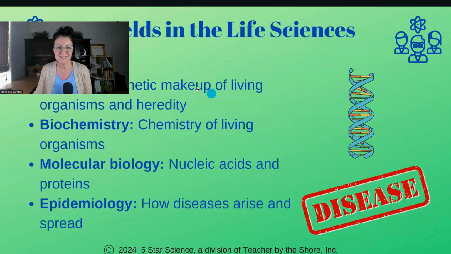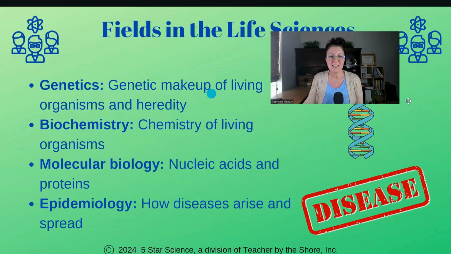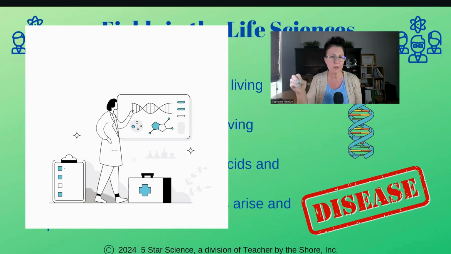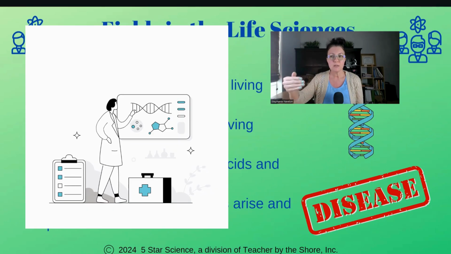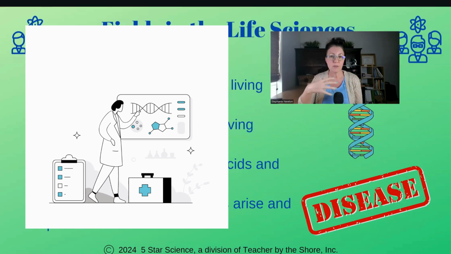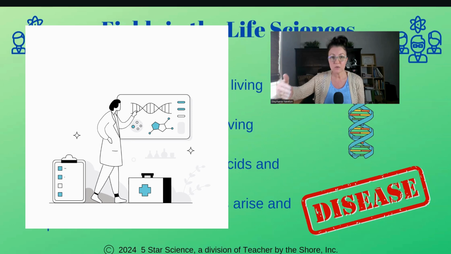We're not done. Genetics. They study the genetic makeup of living organisms and heredity. A person who studies genetics is called a geneticist. And this might be someone that you would go see. They sometimes work with clients to help them understand any risk factors they have in the family of passing on a genetic disease to their offspring.